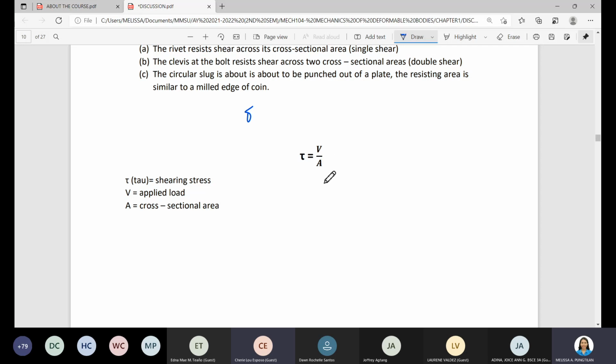Kasi dito kasi sa shearing stress, we are using the shear force as V. Okay? And then sa normal stress, we are using the force as P. So, pag nakita kayo ng V, it signifies automatically as shear force. Okay? And then yung area natin is the cross-sectional area that is parallel to the force.